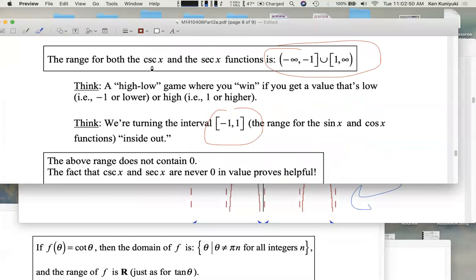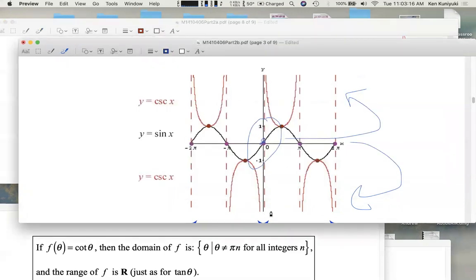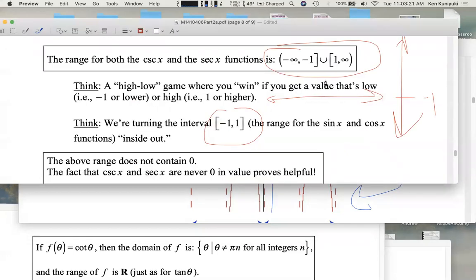The range for both cosecant and secant, again, we have the positive numbers from 1 off towards infinity, the negative numbers from -1 down towards -infinity, but remember, we follow the real number line. So we indicate this range as parenthesis, -infinity up to -1, and then from 1 up towards infinity.